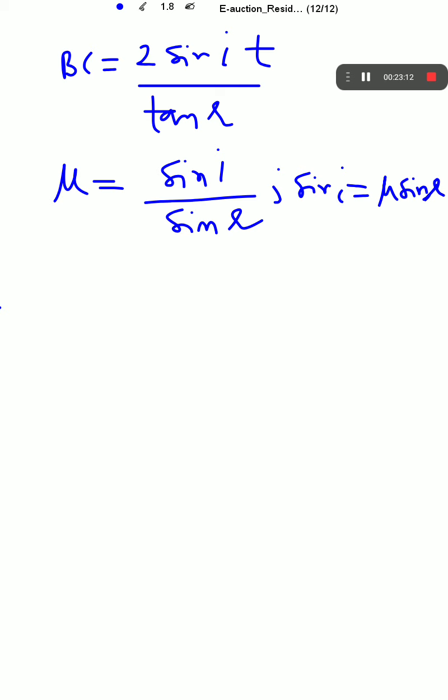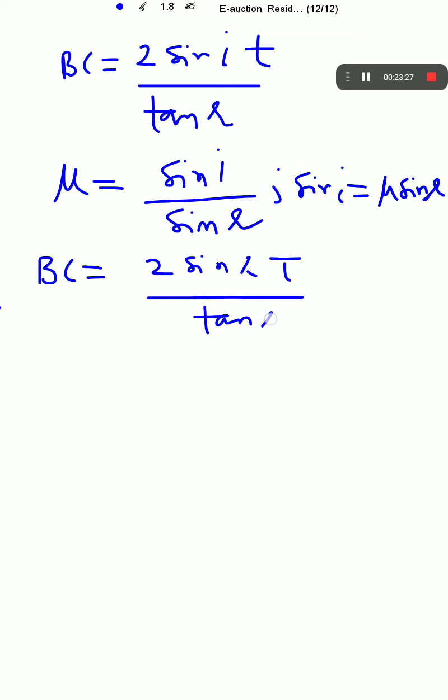So we have BC equal to 2 sin R times T divided by tan of R.